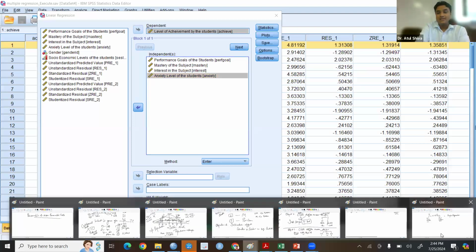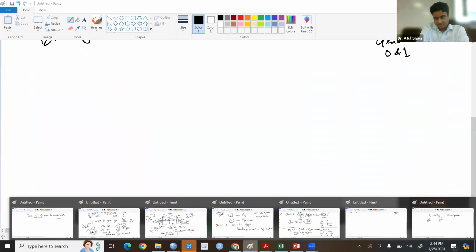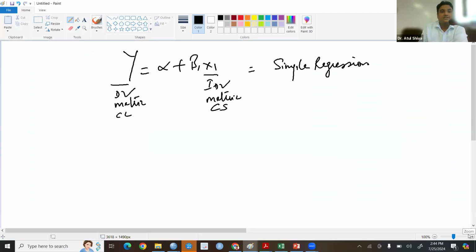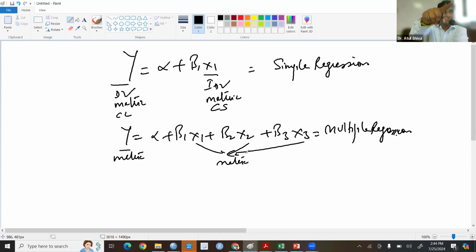In this case, y is equal to alpha plus beta 1 x1 plus beta 2 x2 plus beta 3 x3. This is a scenario of multiple regression, where the variables x1, x2, x3 are all metric.